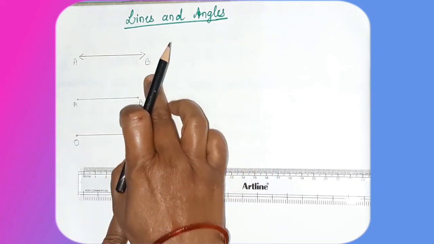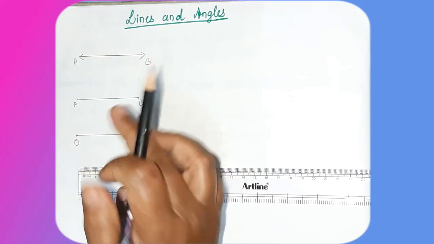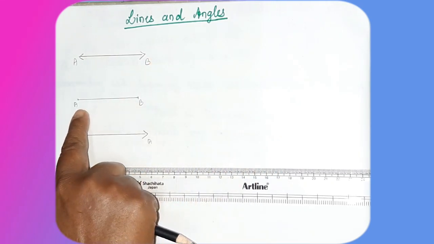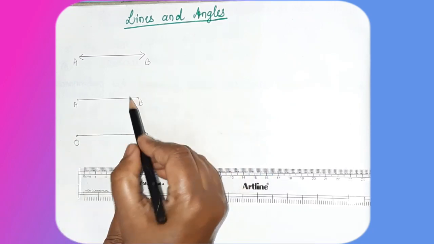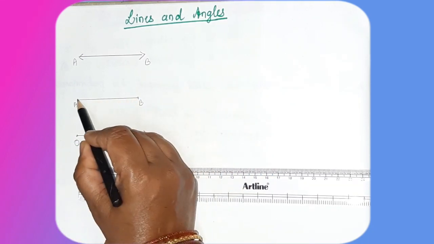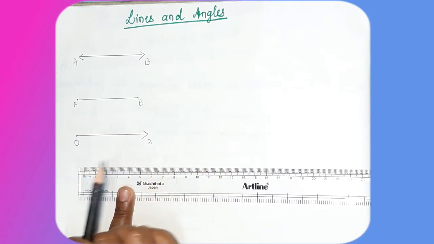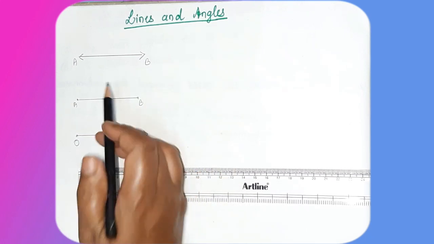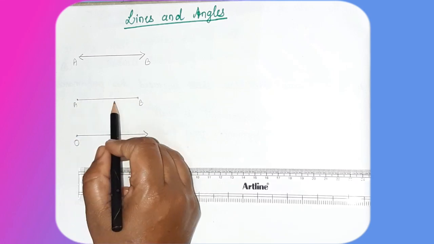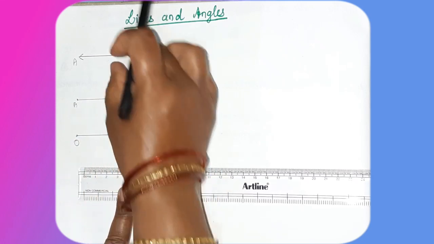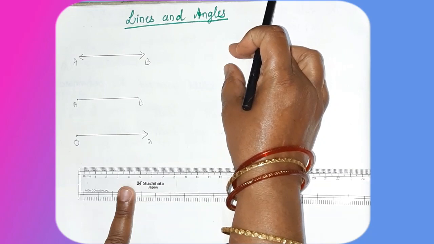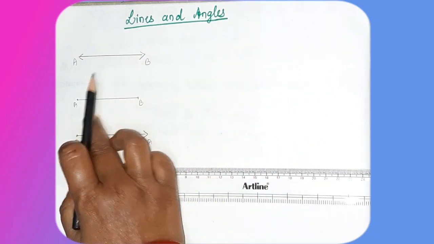That is a straight line. Next, see here, AB. This is one part or one segment, a part of a straight line. So that is called a line segment.